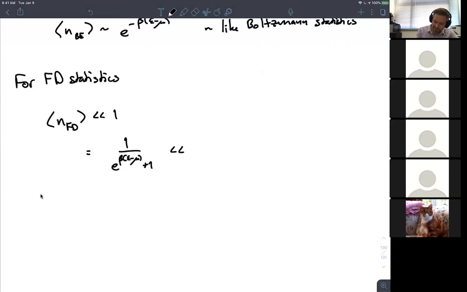Again, we expect this to be very small. Same argument: for this function to be small, the exponent in the denominator must be large, so we get e to the minus beta epsilon minus mu. So Fermi-Dirac statistics look like this at high energy, and again, they look like Boltzmann statistics.